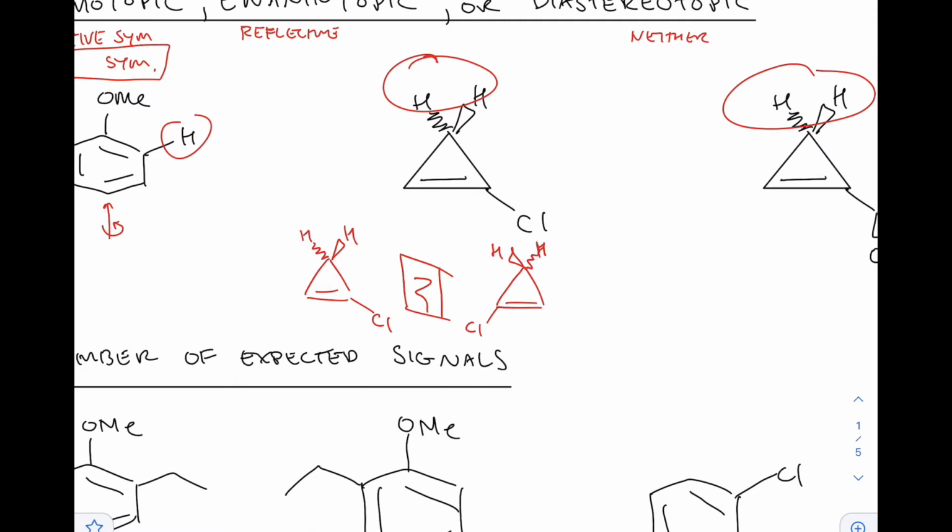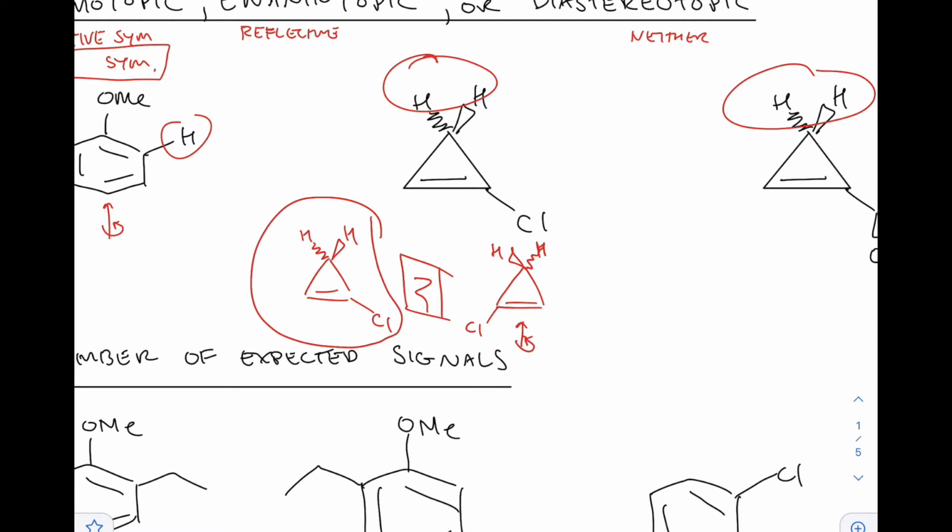These are mirror images of one another, right? And that mirror image is essentially what reflective symmetry is. These protons are interchangeable by reflective symmetry. If we were to now rotate this about that vertical axis, what we would end up with is this, right? And that's really what we want.